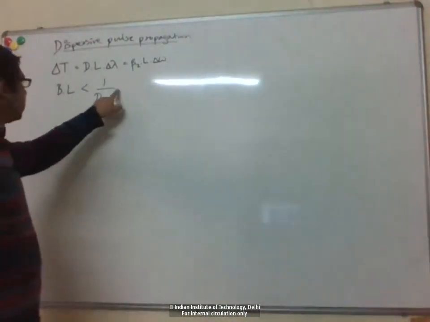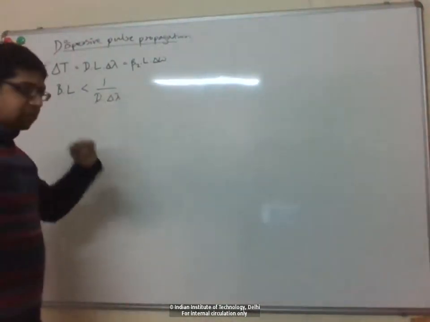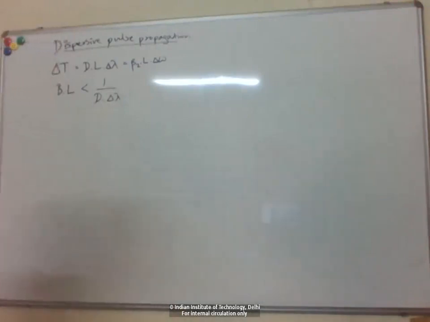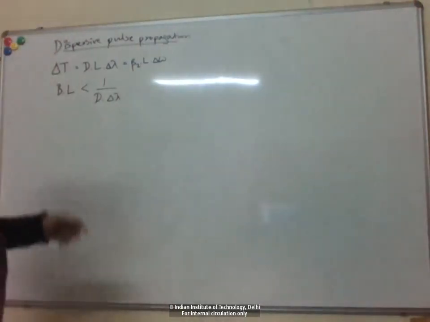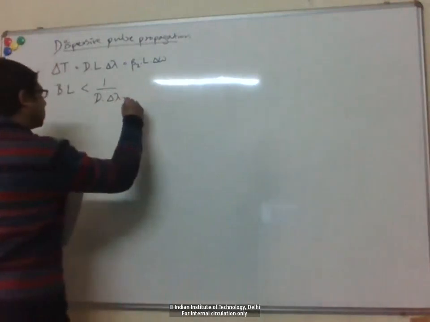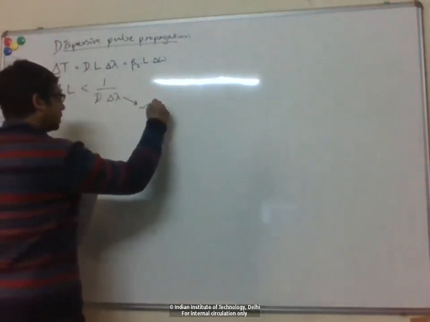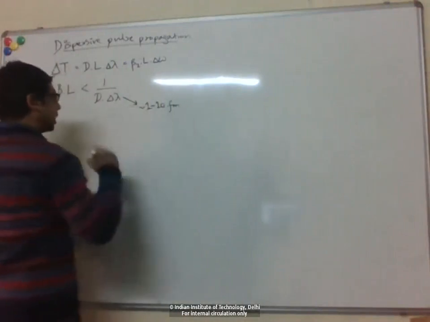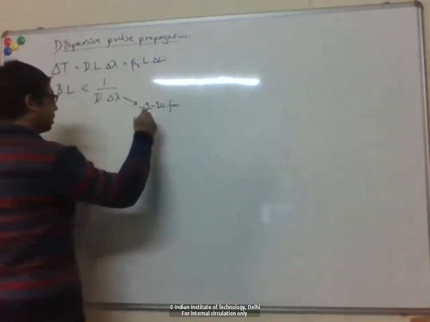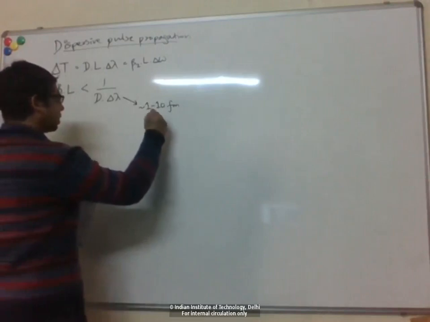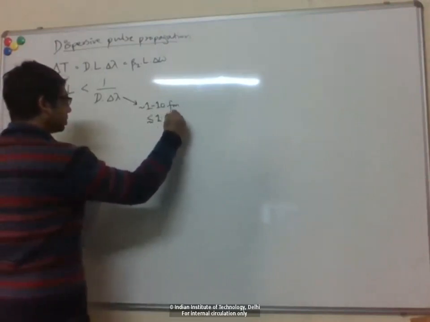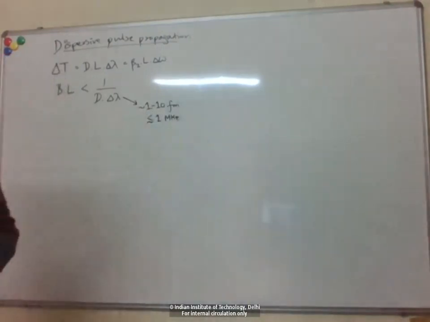Similarly, if you start pushing this delta lambda to zero, modern day lasers which are used in communication actually have a very small delta lambda. This is in the 1 to 10 femtometer range in wavelength. In frequency units, the line width is a megahertz or less.